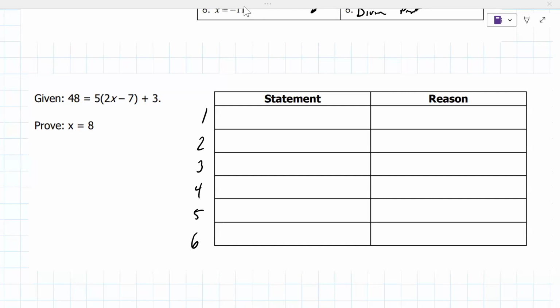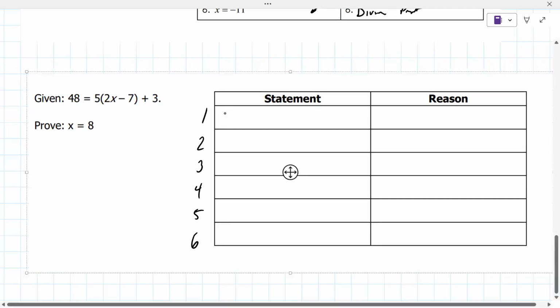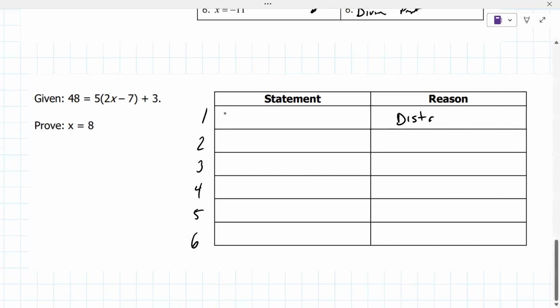Okay, so the first one is distributive. Tell me what to write on the left. 48 equals 10x minus 35 plus 3. Okay, good.